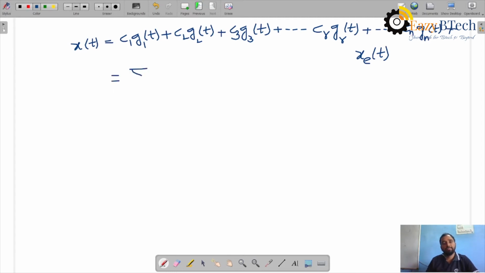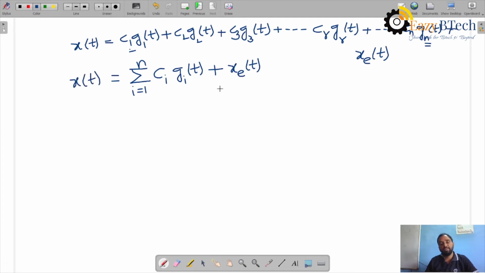Summation we can write like i is equal to 1 to n, ci gi of t plus the error signal xe of t. This total is equal to x of t.